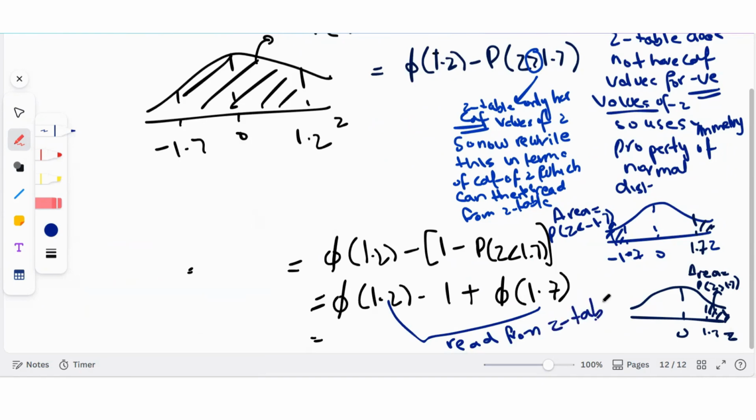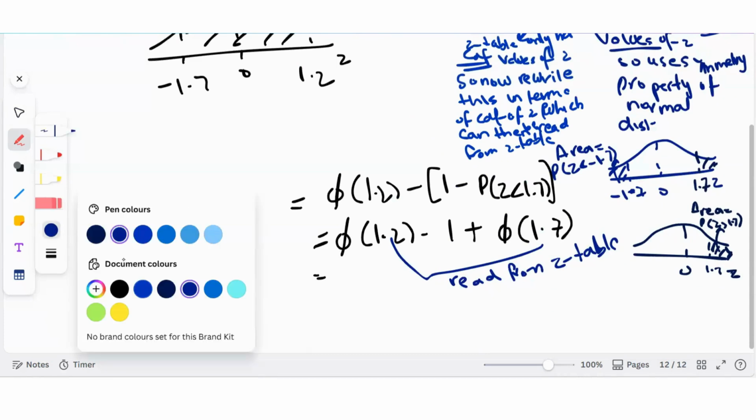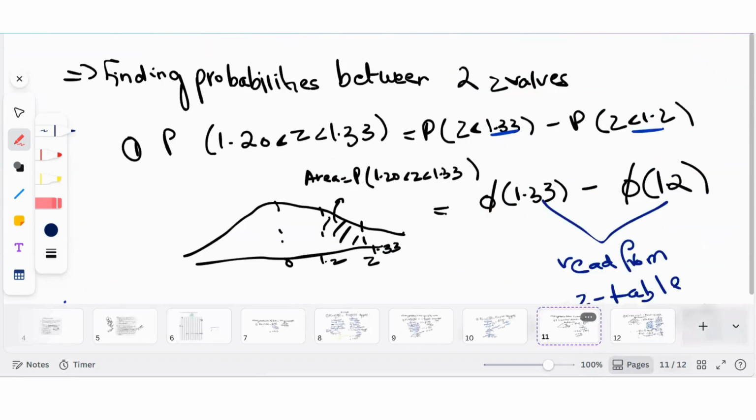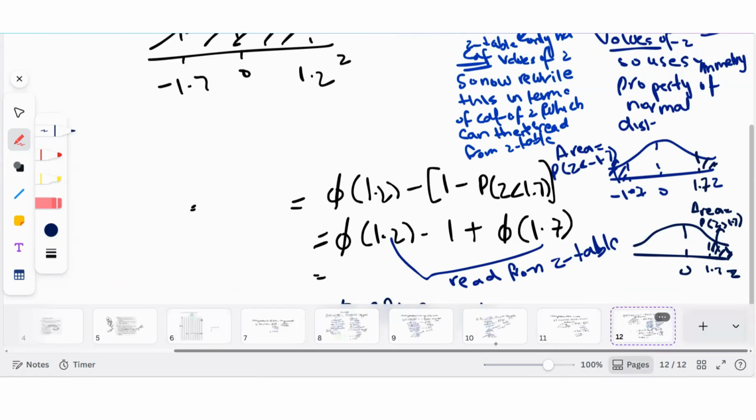The goal is to get it in terms of the CDF for positive values of Z, because that's the Z table we're using here. Phi 1.2 we just found earlier: 0.8849. So 0.8849 minus 1 plus phi 1.7. Let's go back and read phi 1.7 from the Z table.